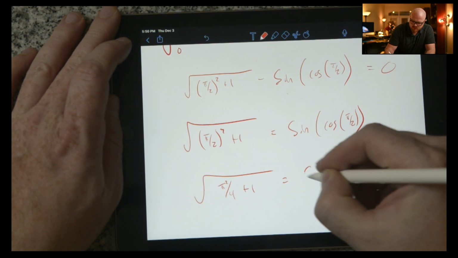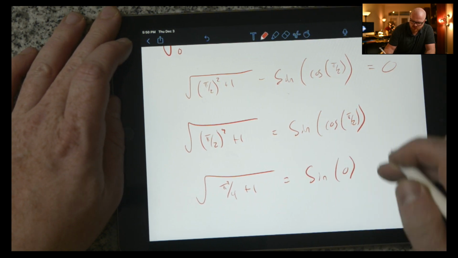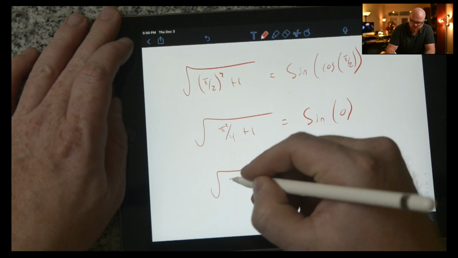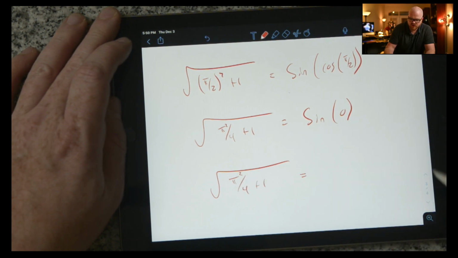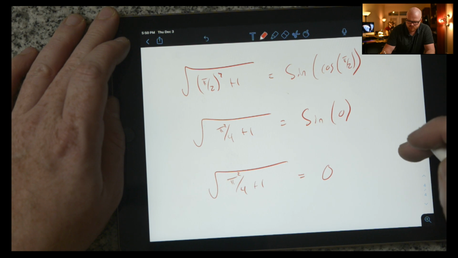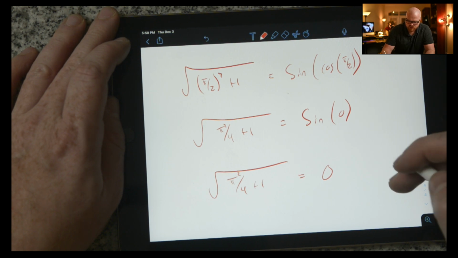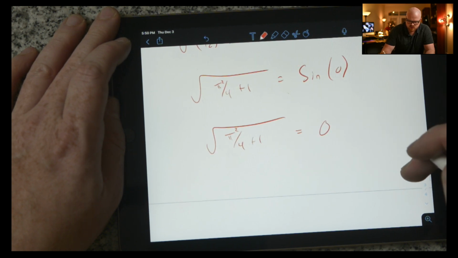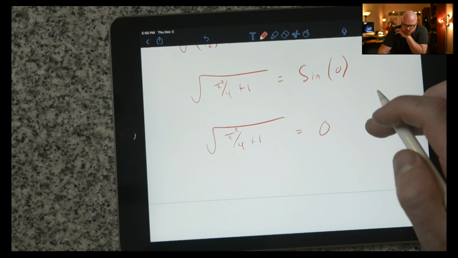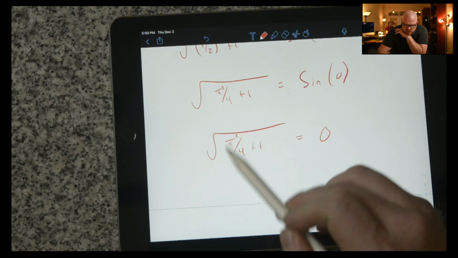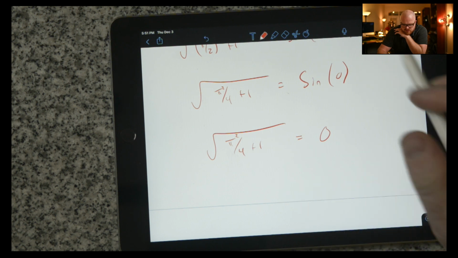So sine of 0, again, all of this stuff here is also equal to 0. Let's see here. That doesn't quite add up because all of this should be some quantity.